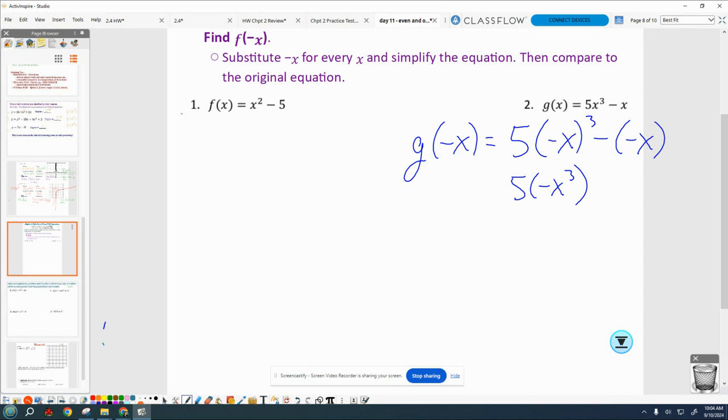Keep subtracting negative x, what does that become? If you're subtracting a negative, what happens to the signs? It becomes positive. What can I do with that negative sign in there? Is this 5 minus x cubed? No, it's 5 times negative x cubed, so that negative's going to come out front.